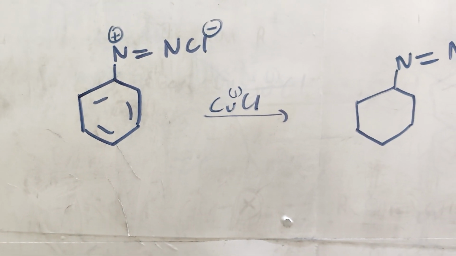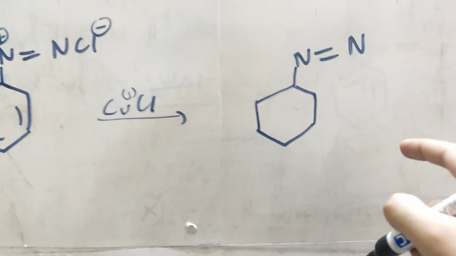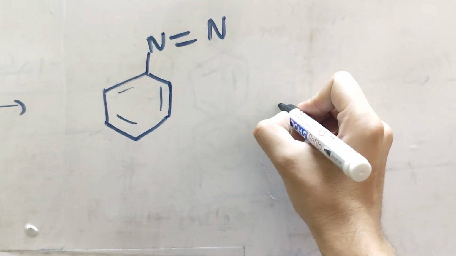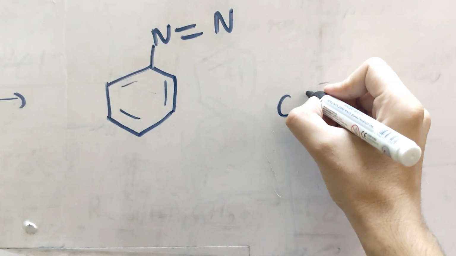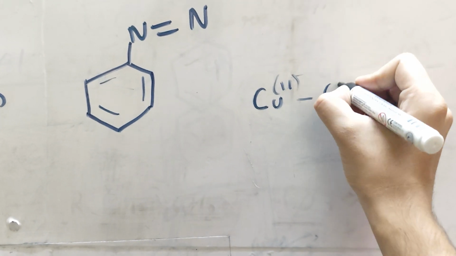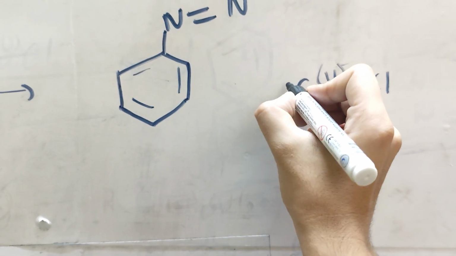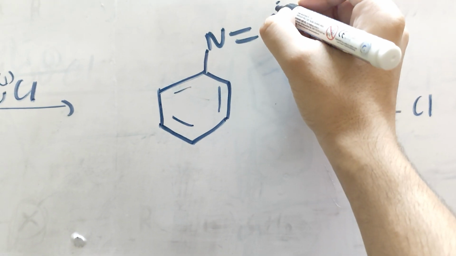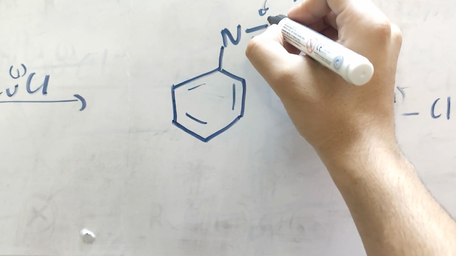So single electron transfer from copper to nitrogen. When the transfer of electron takes place, it will be converted to a Cu(II) species, and there is Cl joined to it. When the one electron species is transferred, it will be somewhat like this, and the electron will form the bond here.